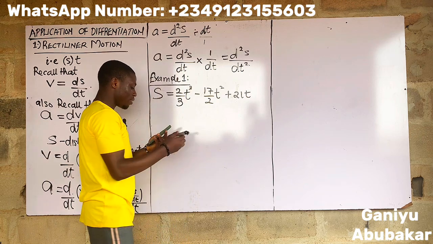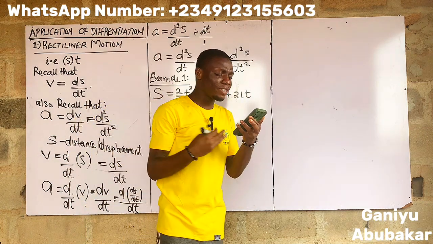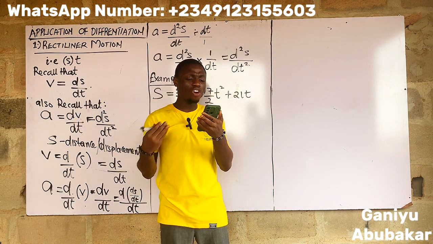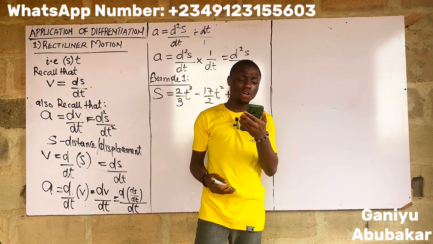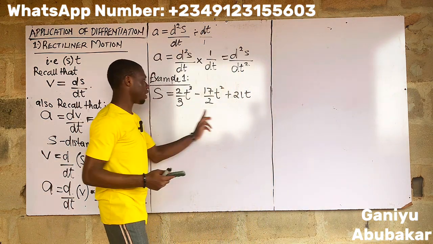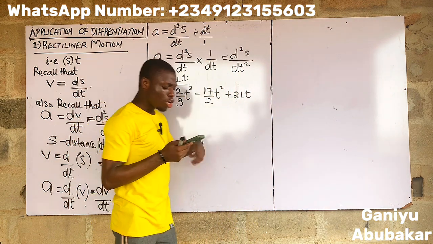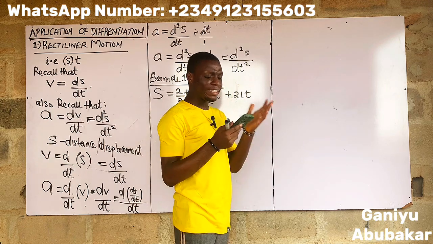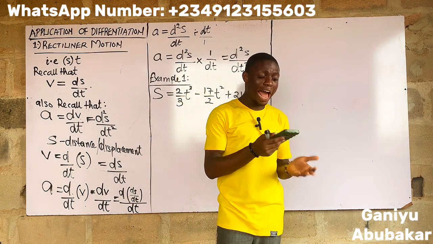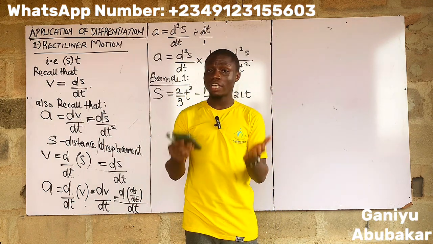So I'm saying that the motion of a particle from O origin is described by this equation, where x is distance in meters and t is time in seconds.